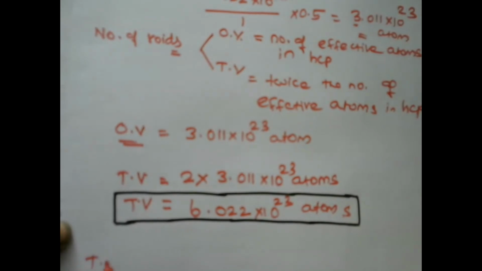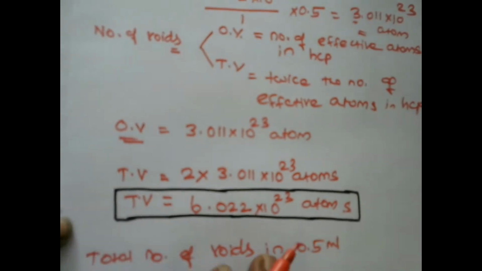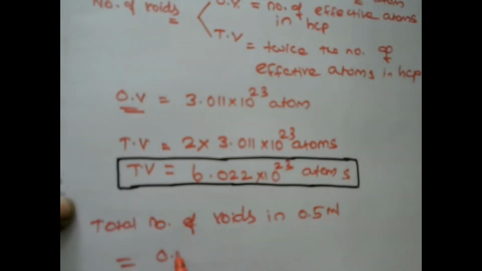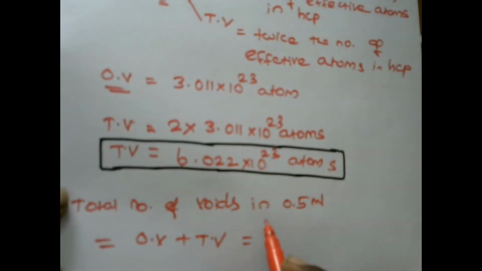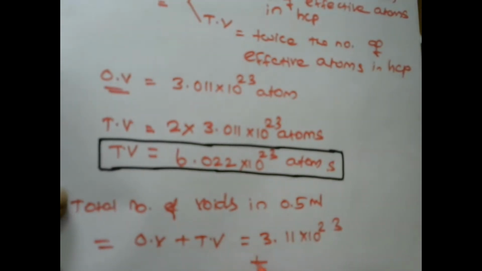So total number of voids in 0.5 mole is equal to octahedral voids plus tetrahedral voids, that is equal to 3.011 into 10 to the power of 23 plus 6.022 into 10 to the power of 23 atoms.